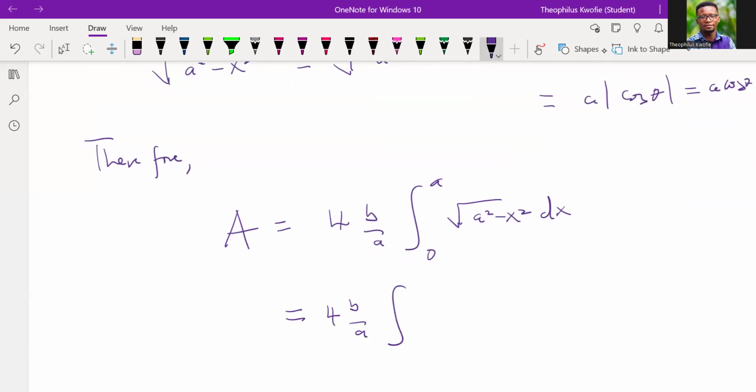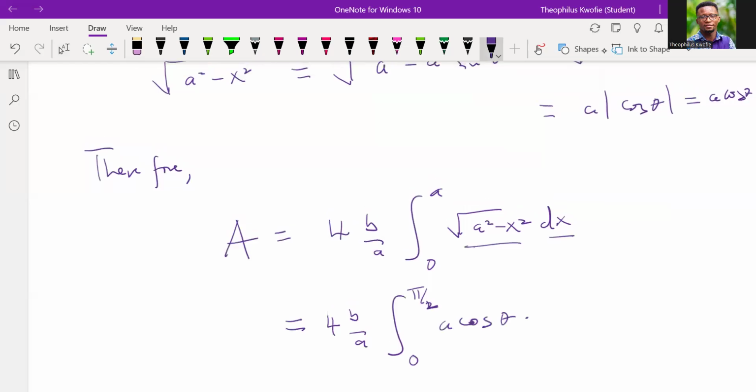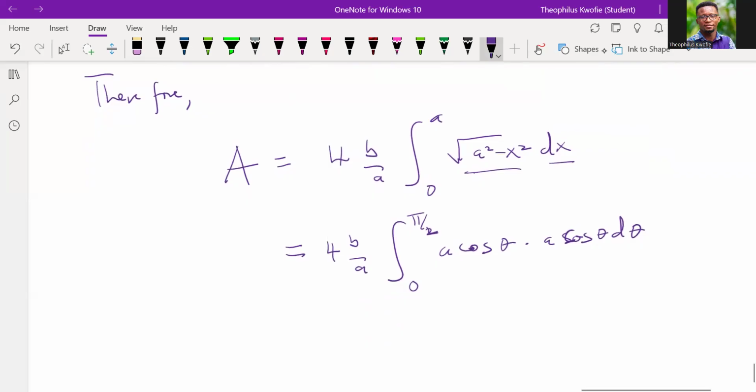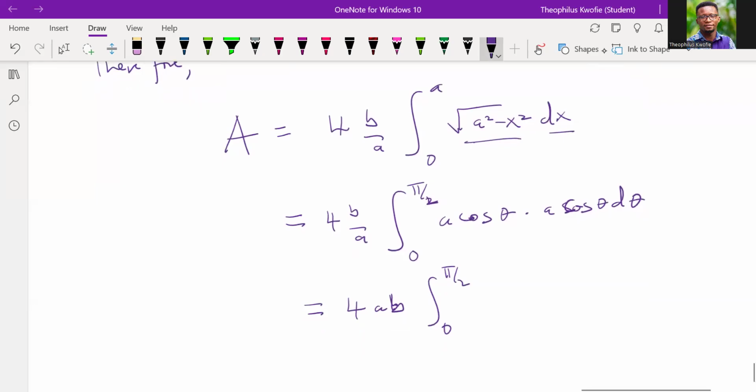Now, when we simplified this, we had a cosine theta, and the dx, we had a cosine theta d theta. When we further simplify this, we should be able to have, for AB, cosine squared theta d theta.